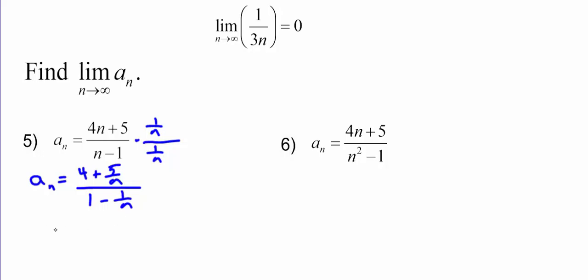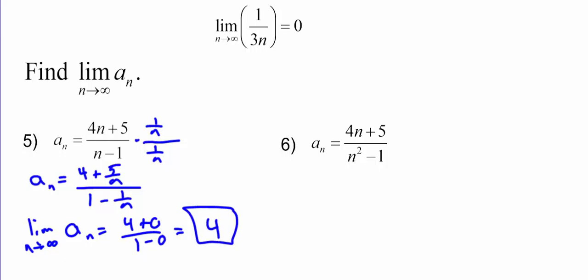All right, so here we go. Then the limit as n approaches infinity of a sub n, well, this is going to be 4 plus 0. Denominator is going to be 1 minus 0, so that is exactly 4. All right, let's try the same idea on the next one.